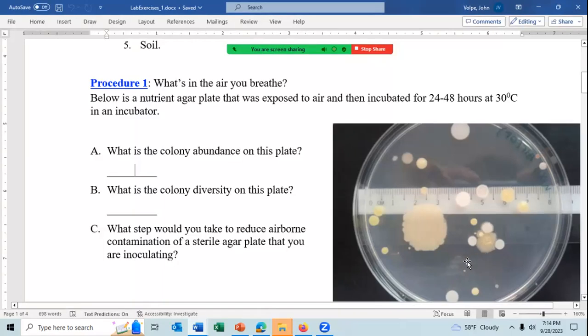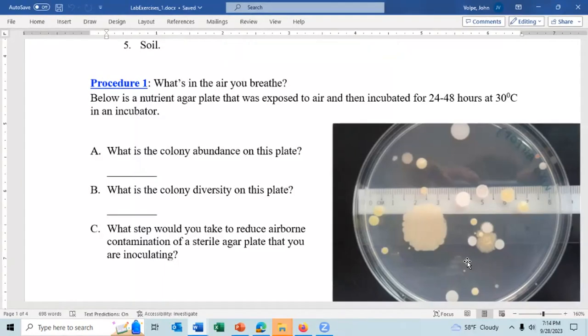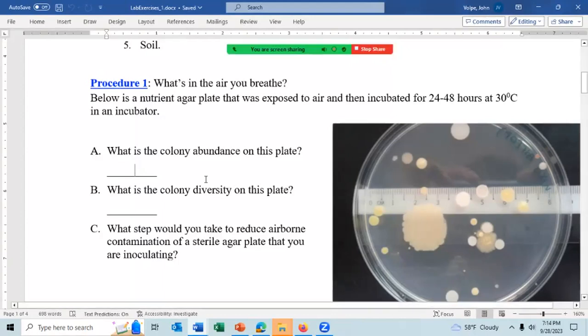Question, are you looking for a number answer, or are you wanting us to describe, okay, I see this type of colony, I see this type of colony? For colony abundance, you just give the total number of colonies on this plate.